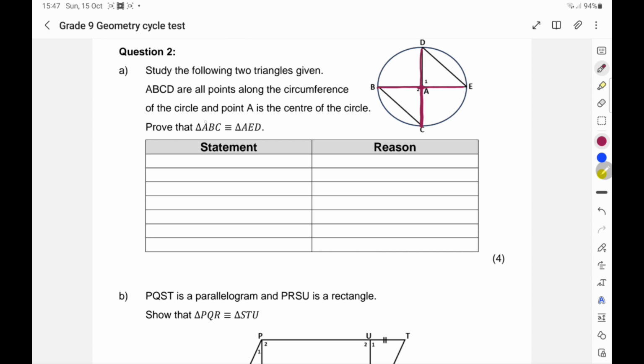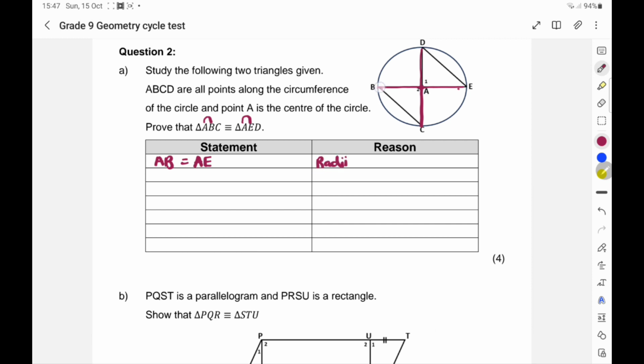So let's quickly have a look. Which ones should be equal to each other? AB should be equal to AE. Let's just see if it matches up. AE, yes. So we're going to start by saying that AB is equal to AE, and that is radii.